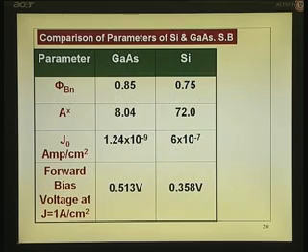To sum up, comparing gallium arsenide Schottky and silicon Schottky: q phi_Bn is 0.85 and 0.75, which itself changes this current. A star is 8.04 and 72, J naught is 10 to the power minus 9 and minus 7, and the forward voltage drop at 1 ampere is that quantity.